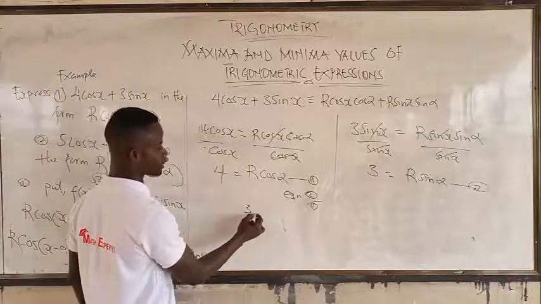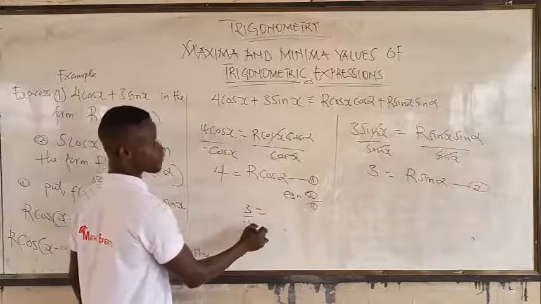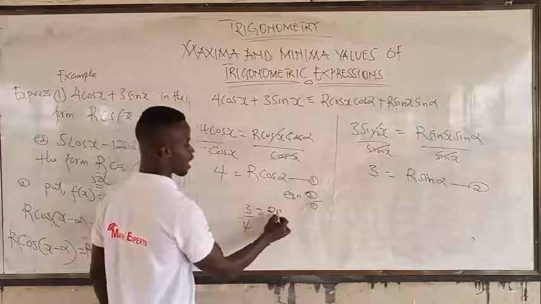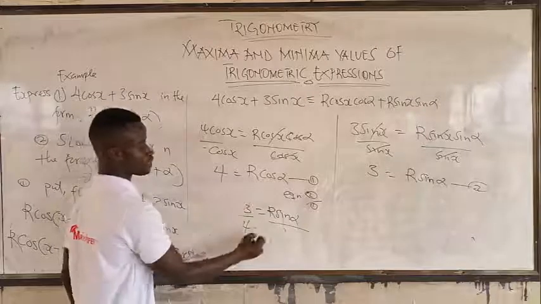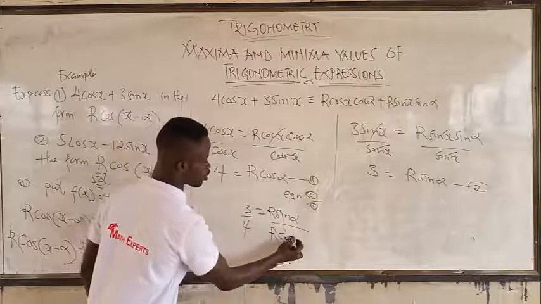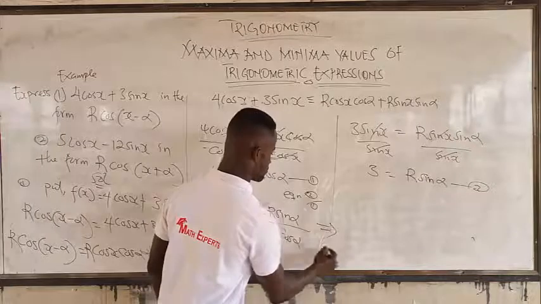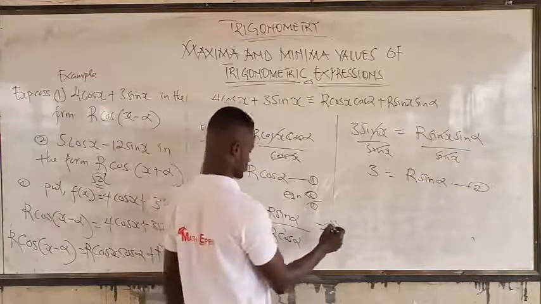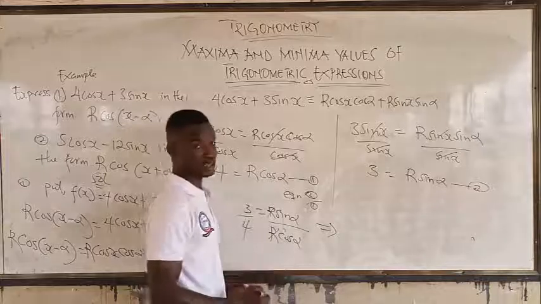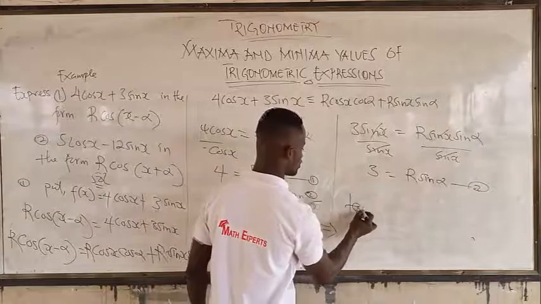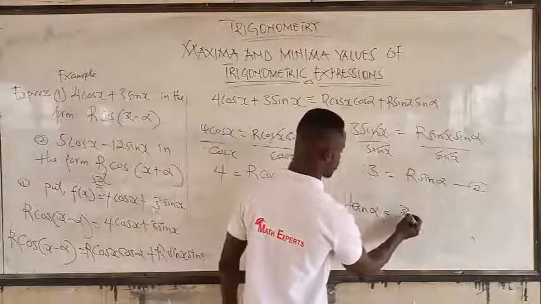So we get 3 over 4 here, then r sin alpha over this, which is r cos alpha. And we end up getting r cancel out, sin alpha over cos alpha. This is going to give you tan alpha, and that is 3 over 4.